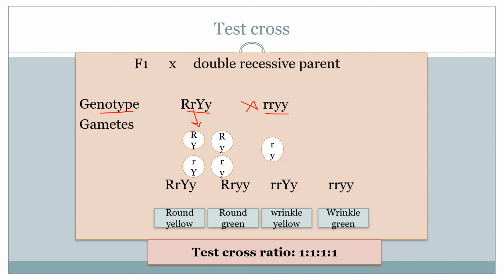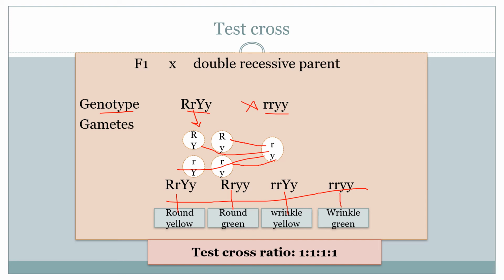You just multiply it, you will get capital R small r, small y, like this, and for multiplying this and this and this, you just multiply and you'll get the 4 possible results, and this shows the genotypes, and the phenotype would be the round yellow for this one and round green for this one and wrinkled yellow for this one and wrinkled green for this one.